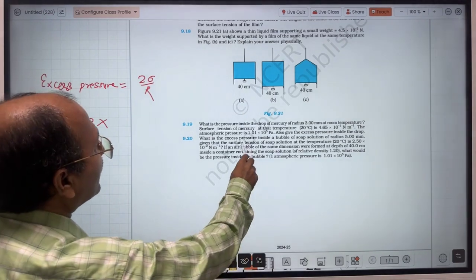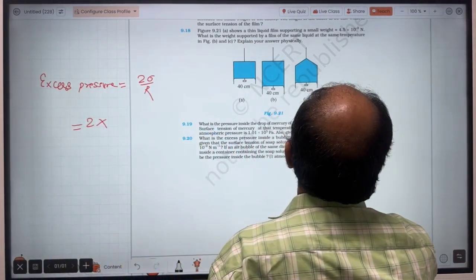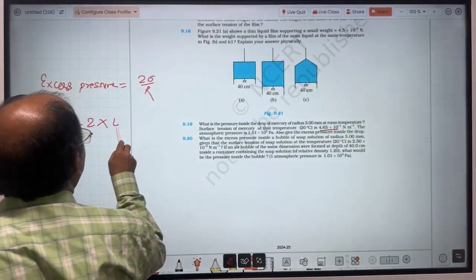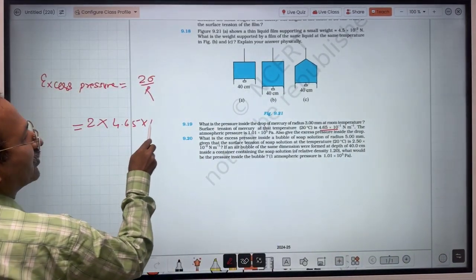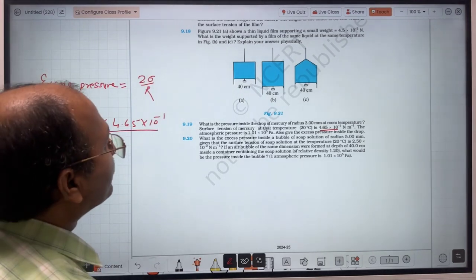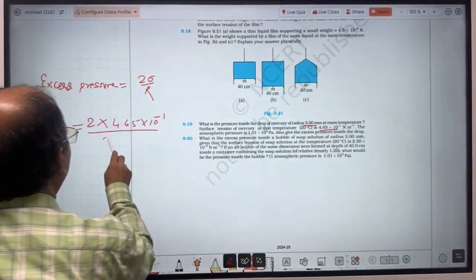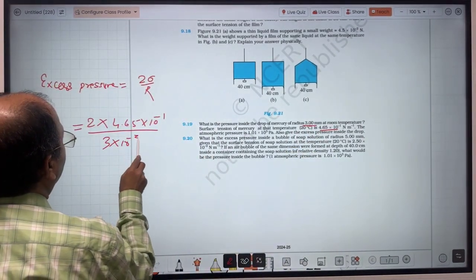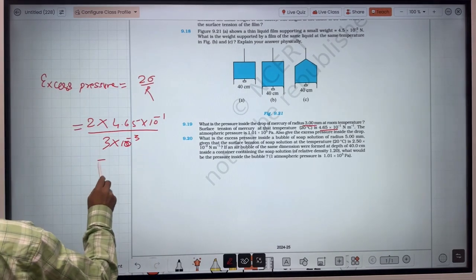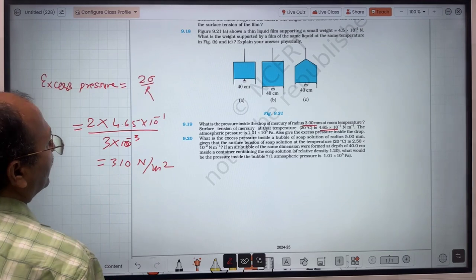What is the surface tension? Given, this much, 4.65 into 10 to the power minus 1, divided by the radius, which is 3 mm, so 3 into 10 power minus 3. Just evaluate it, and that will be 310 Newton per meter square. Up to here there is no problem.